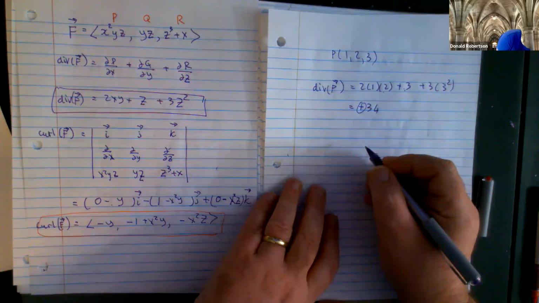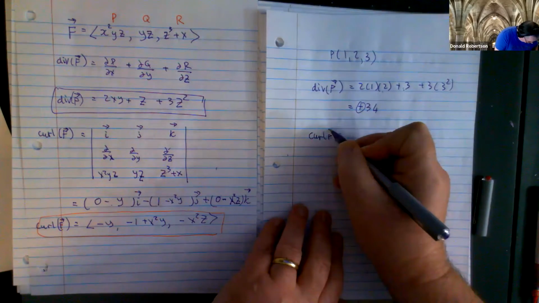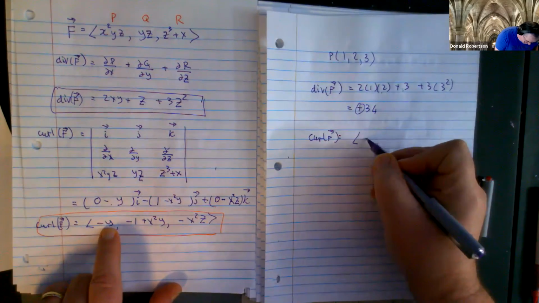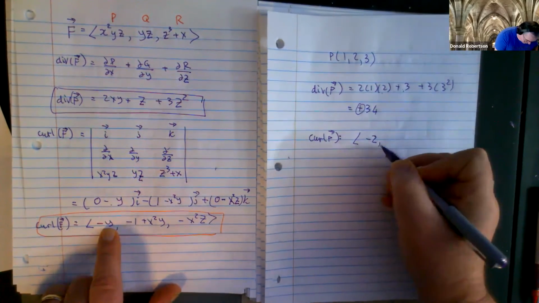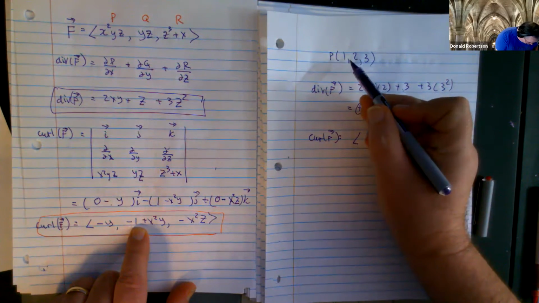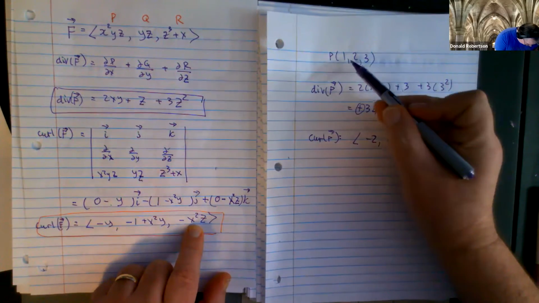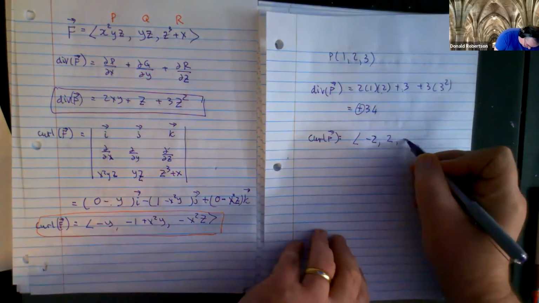Now, if I calculate the curl at F, I'm going to get negative y, which is negative 2, negative 1 plus that guy squared times that, which is 3, so that's 2. And this fella here is negative 1 squared times 3 is negative 3.